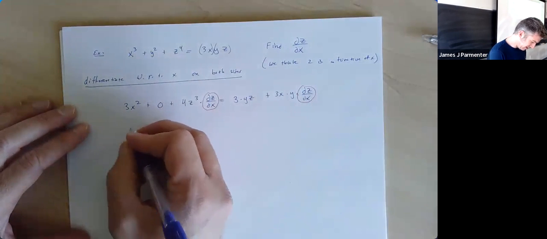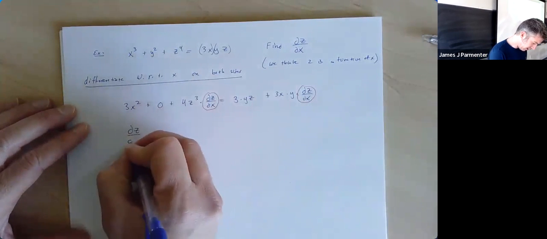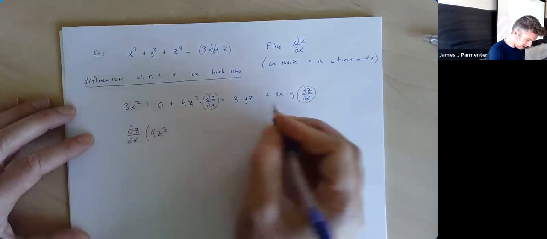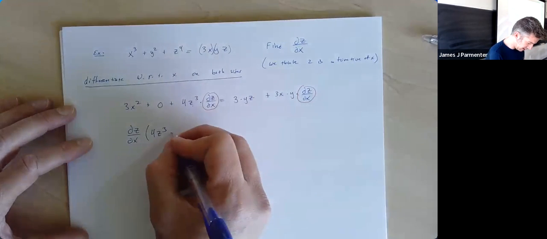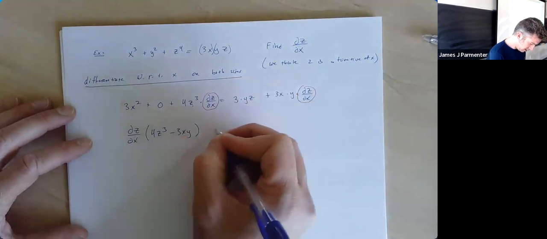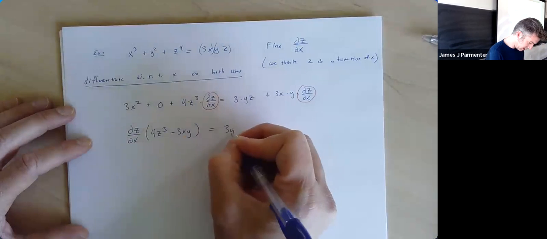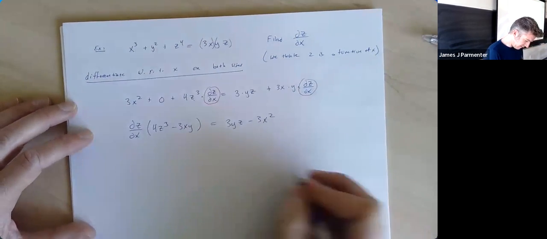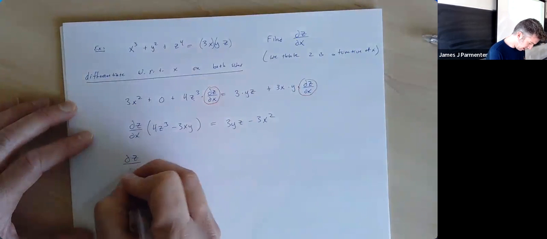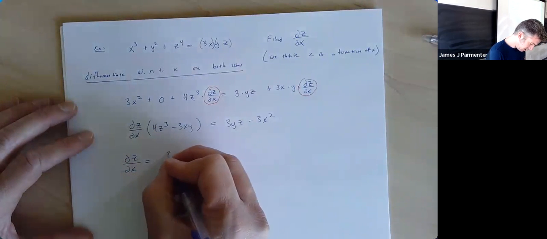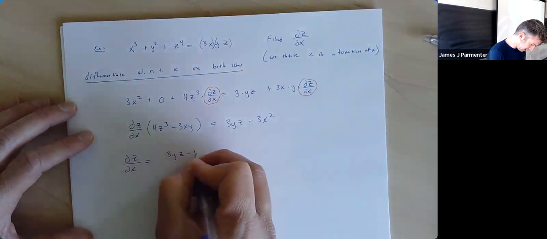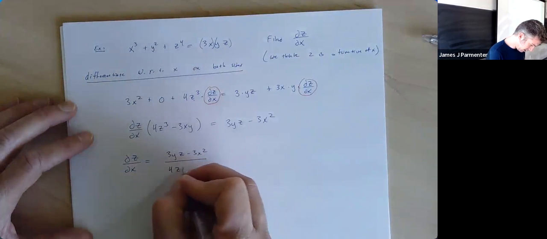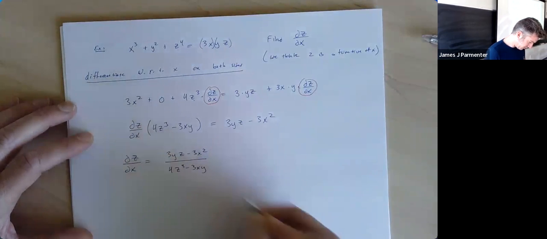We're going to have del z del x times 4z cubed minus 3xy, equal to 3yz minus 3x squared. And then finally, del z del x is going to equal 3yz minus 3x squared over 4z cubed minus 3xy.